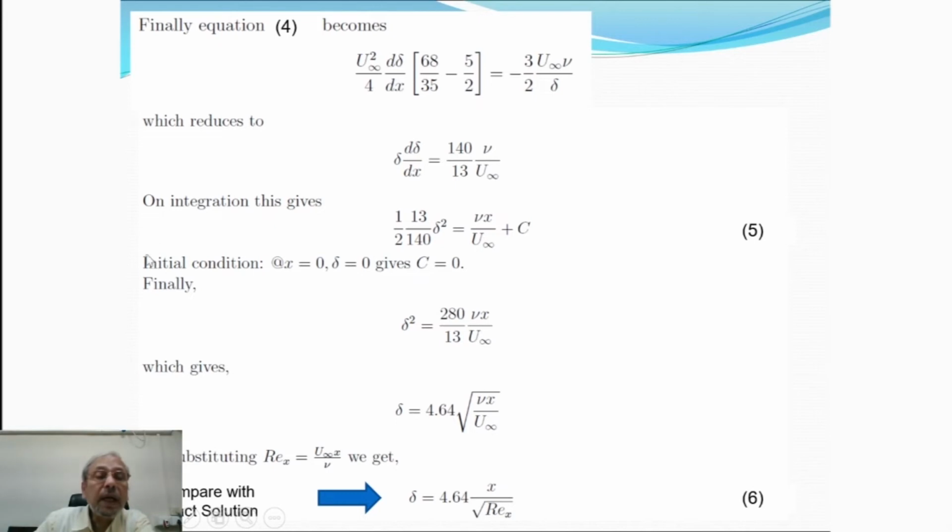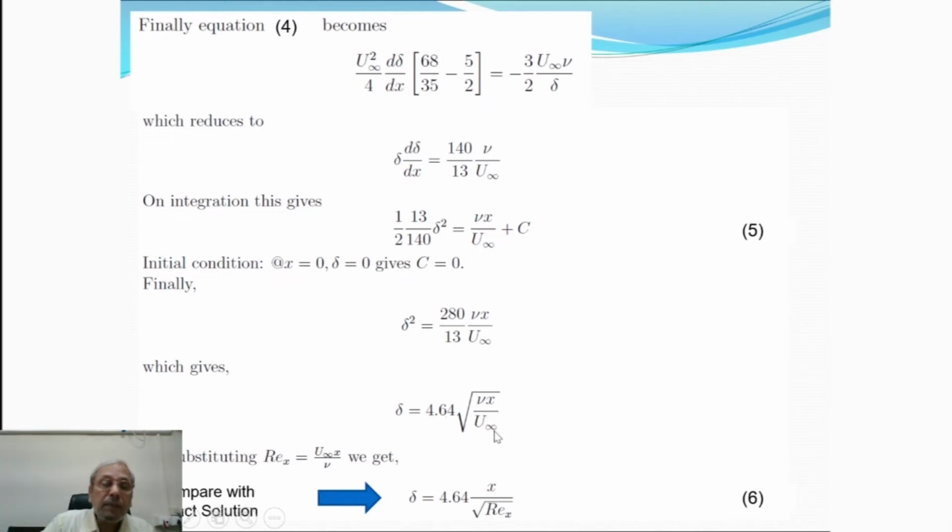Now we can apply the boundary condition that at the leading edge, that means at x equal to 0, delta equal to 0, which will give c equal to 0. So from here we can write delta square is 280 by 13 nu x by u infinity, which finally gives delta equal to 4.64 root over nu x by u infinity.